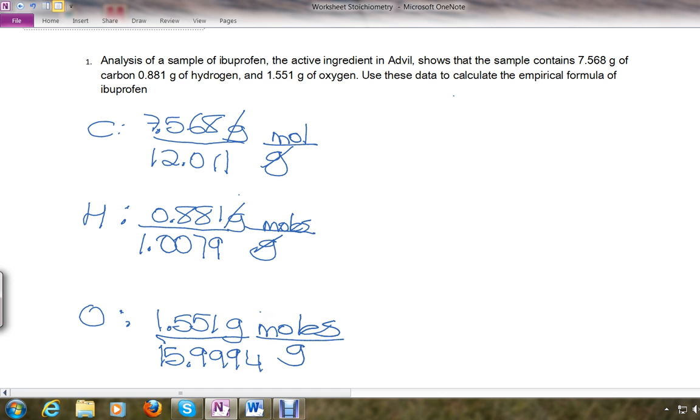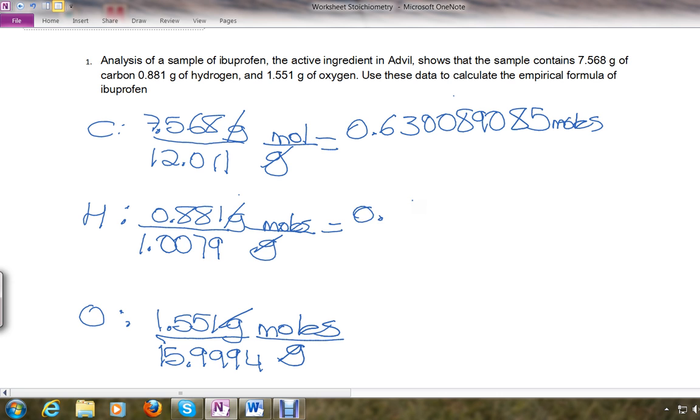So now we cancel out the grams and it's giving us moles. You divide each of them by the molar mass. So you're going to get carbon would be 0.63008985 moles. Then for the hydrogen we have 0.87.